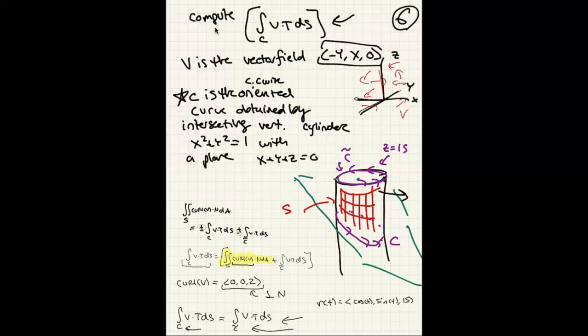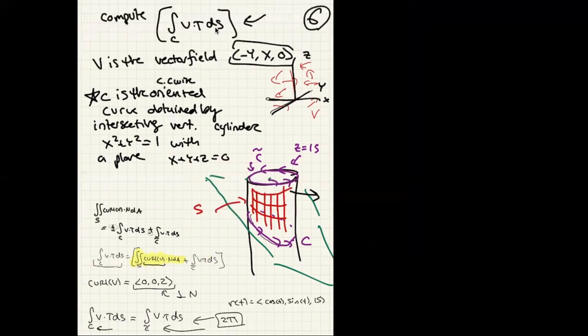I believe that this thing just becomes 2 pi. So that's a much easier integral to do than the one on the left. And look, we never even had to parameterize our crazy curve right there. Although you could, I know everybody in this class would be able to do that and would be able to get the 2 pi at the end of the day.